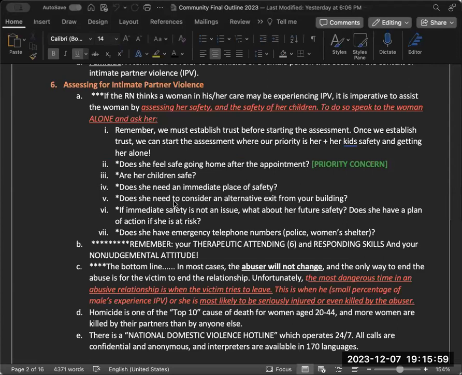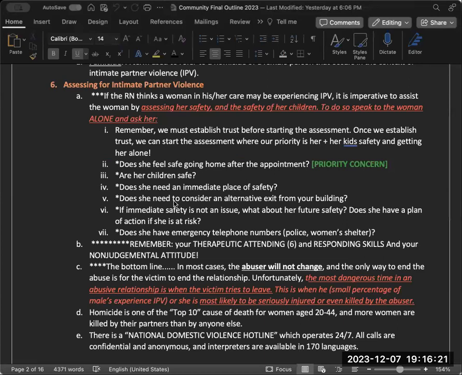We need to get trust before we could start that assessment, before we could assess their safety and the safety of the children. This person may not be so willing to speak if there's no trust established, if they don't feel safe enough to talk about what's going on. Then we can say, okay, let's assess her safety and the safety of her children.